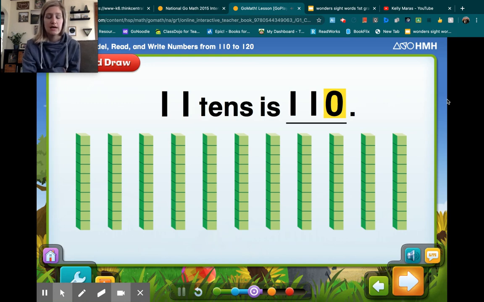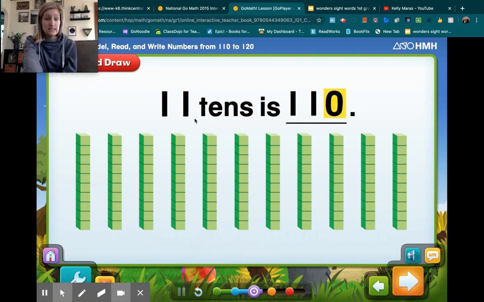So friends, if you remember, when we were looking at 2-digit numbers, the first digit was how many tens, and the second digit was how many ones. So in the number 11, there's one group of 10 and one 1.